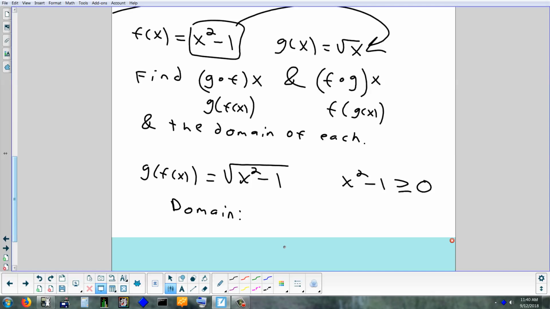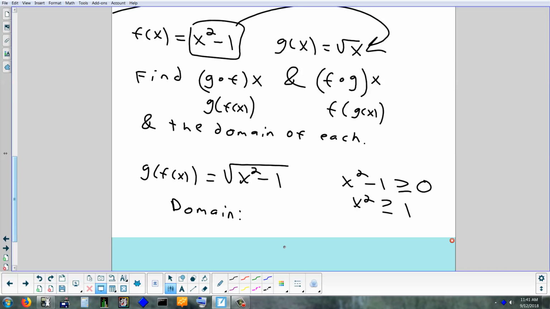Let's move the 1 to the other side and look at that. The domain here is all numbers such that when you square them, the answer is bigger than or equal to 1. So what numbers can you square and they will come out bigger than or equal to 1? Negative 2 and down, 2 and up. What about like 1.2? Not including 1, yep.